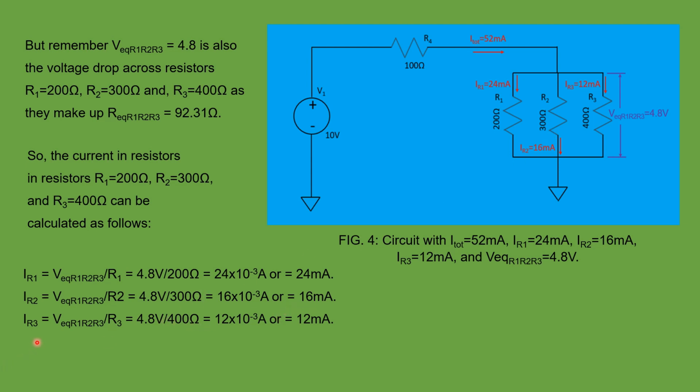And the current through resistor R3 is once again the equal voltage across the parallel resistors, V equivalent R1, R2, R3 divided by R3, which is 400 ohms, which again gives us 4.8 volt divided by 400 ohms, gives us 12 milliamps.